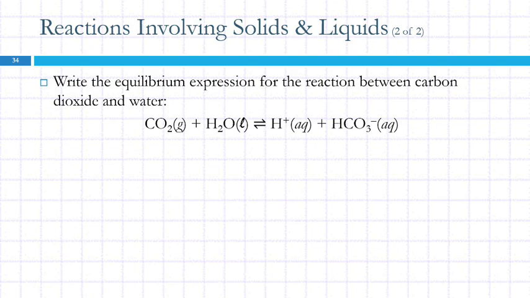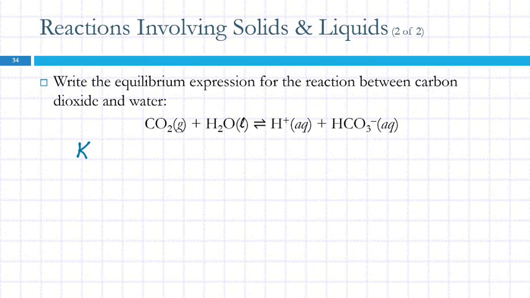So here we're asked to write the equilibrium expression for this chemical reaction. Would this be Kc or Kp? Is it all gases? No, it's not all gases. There's aqueous things in there, and we can't really do a partial pressure for that.